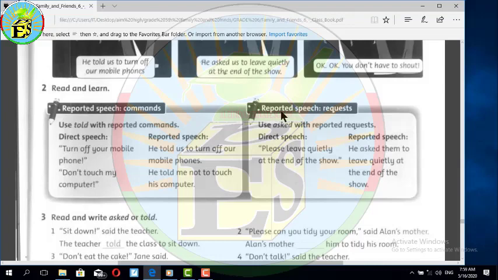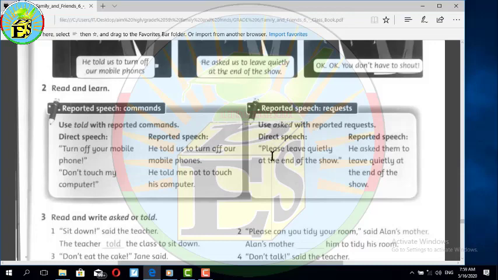Next box, reported speech requests. Use asked with reported requests. So when you have a command, use told. When you have a request, use asked.